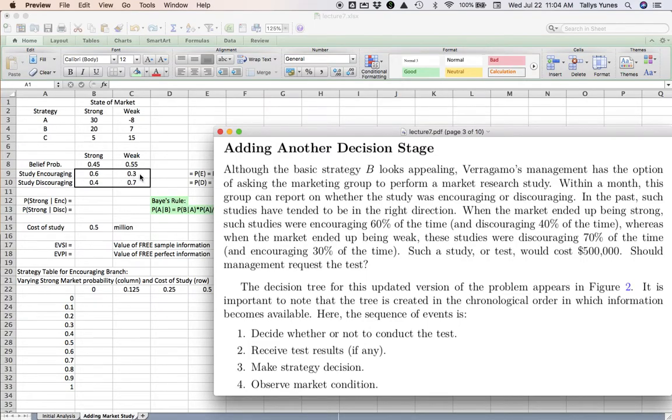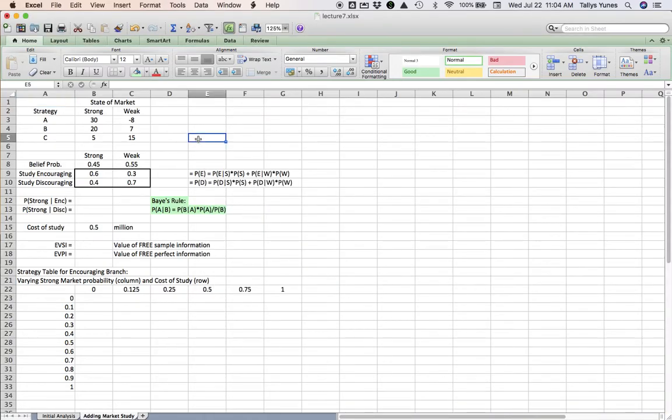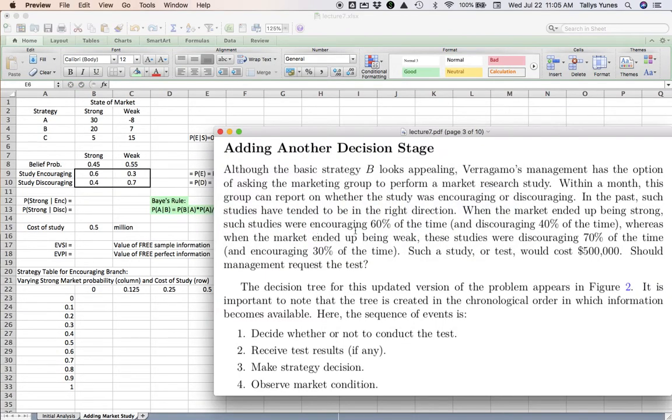Okay? So this is our conditional probability. This value 0.6 here is essentially the probability that I predicted encouraging given, so this vertical bar means given, that the market was strong. That's what that is representing. Great. So let's go back to that story.